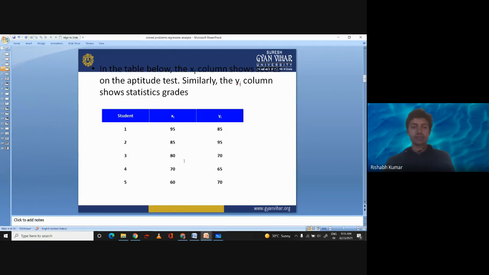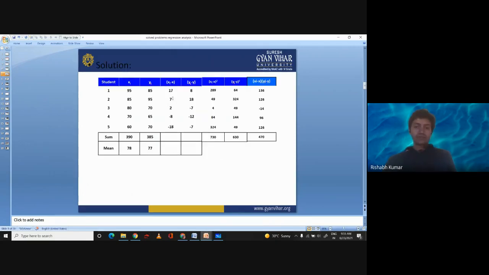Firstly, we have to find out x minus x bar, y minus y bar. Here again is x minus x bar square, here y minus y bar square. You cannot see the bar here, but it is there. Then it is x minus x bar times y minus y bar.